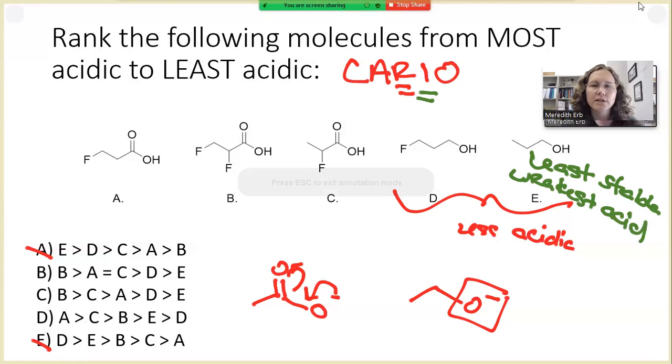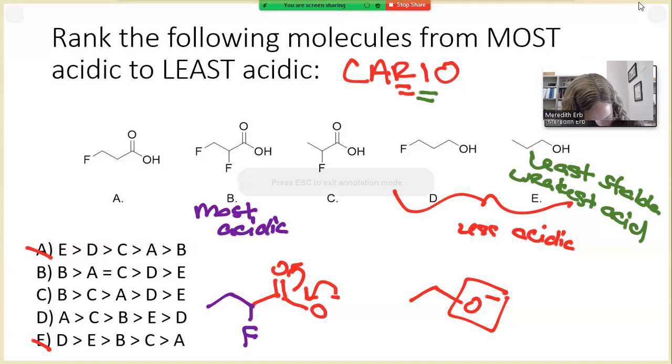All right, so let's take a look at the 3 carboxylic acids, A, B, and C. In this case, we have either 2 fluorines like we see in B or 1 fluorine like we see in A and C. Having more than one electronegative atom will increase induction over, say, A and C. So I can say that this is going to be our most acidic molecule because it's going to have the most induction combined with resonance to stabilize the negative charge.